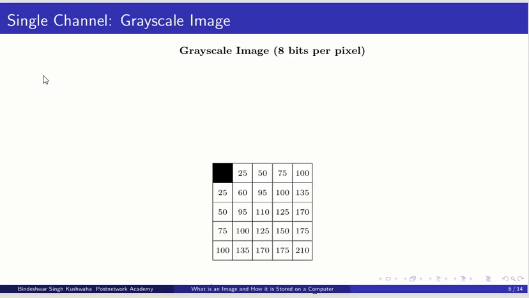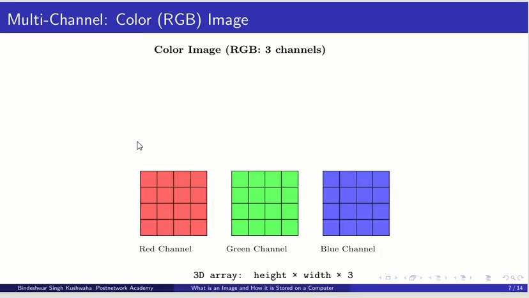Now grayscale image, 8 bits per pixel. So these values will range from 0 to 255. Each pixel has 8 bits. Now RGB has 3 channels: red, green, and blue.